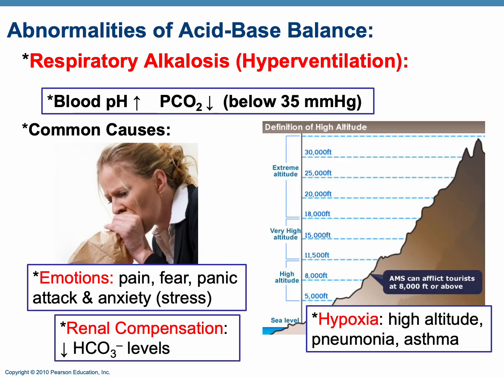The next situation we're going to take a look at is known as respiratory alkalosis. Respiratory alkalosis. In this situation, the patient will have an increase in their blood pH, alkalosis referring to alkaline, so blood pH will increase, become more basic.